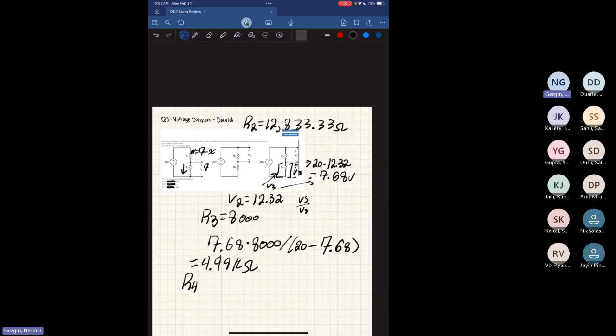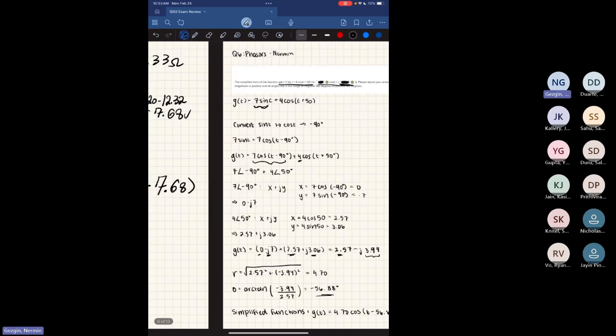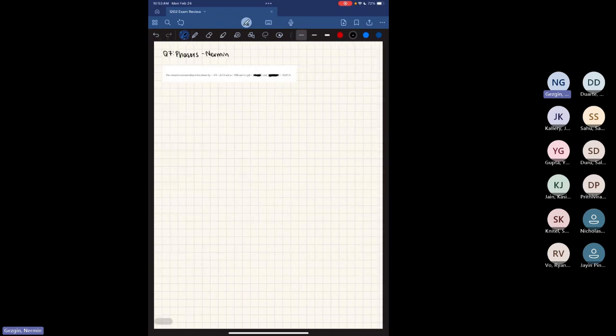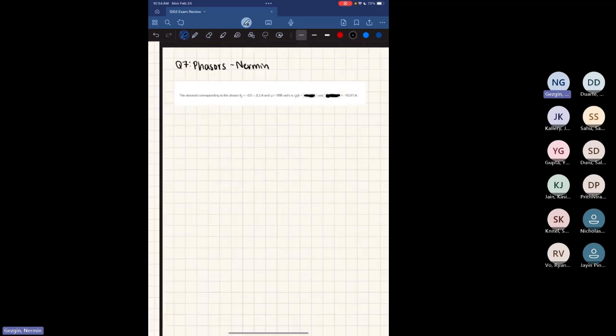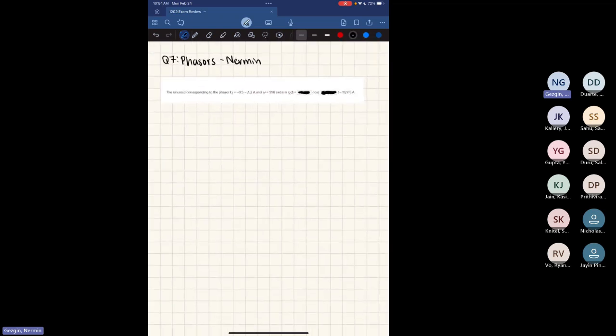Next up, we have another phasor problem. This is the one that we just did, and then we have this one here. Looking at this question off the bat, we're given a phasor and we're trying to find the sinusoid for that phasor. So this is the phasor that we have, and we want it in this cosine sinusoid function.